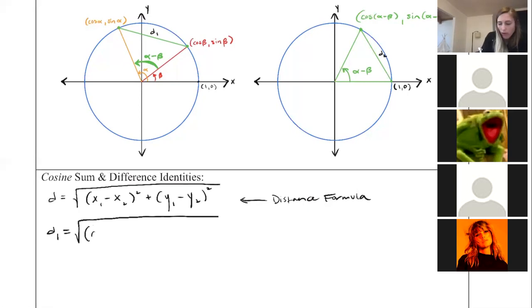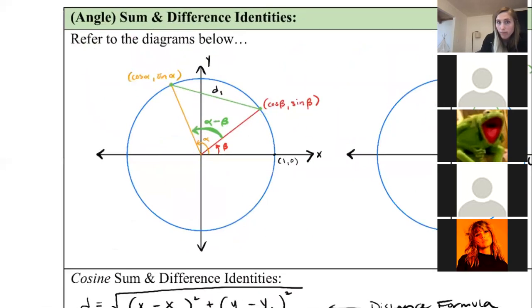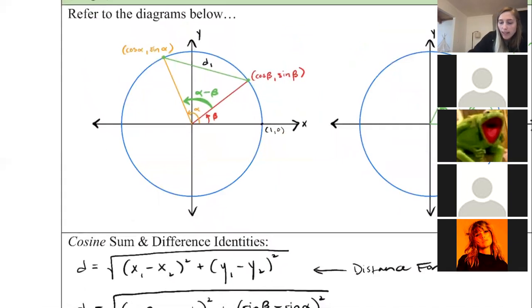So that would be cosine beta minus cosine alpha squared, plus the change in the y coordinates, sine beta minus sine alpha squared. Right? That's referencing the first picture. That's the distance between these 2 points.